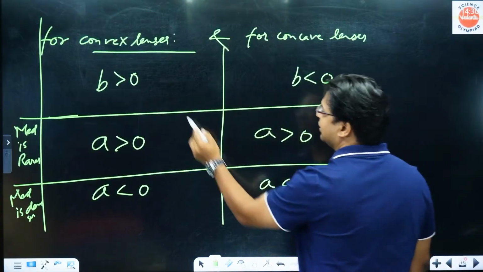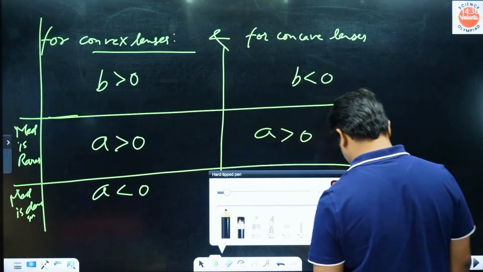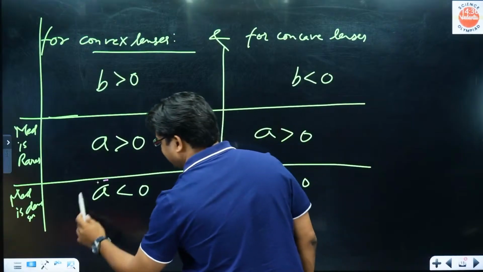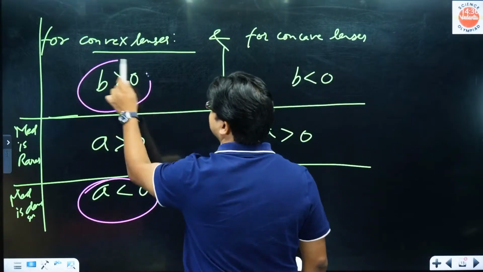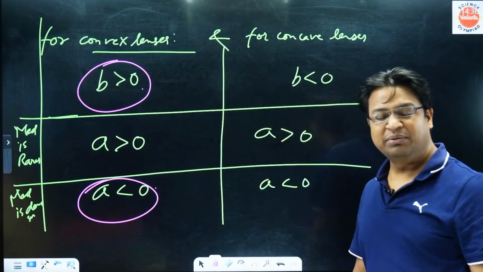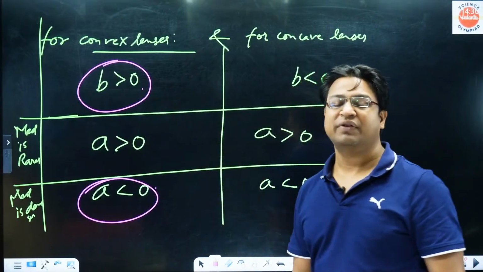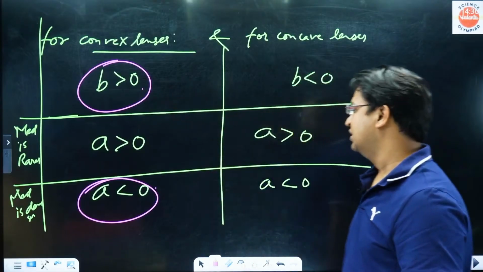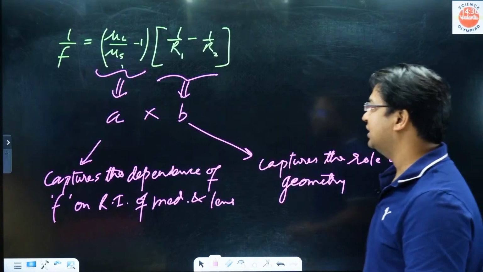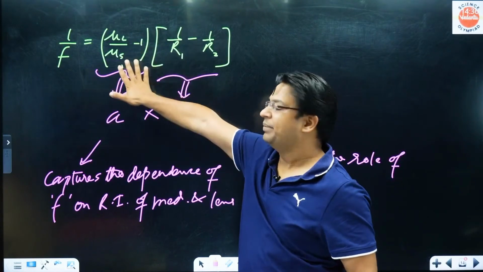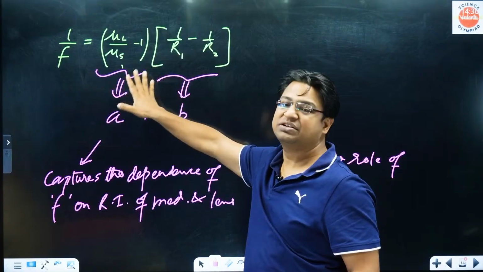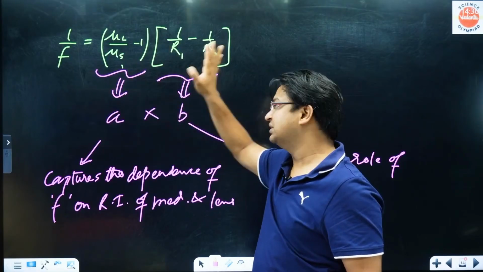So you see that if you are dealing with a situation where the medium is denser and the lens is convex, the product will become negative, turning the convex lens into a diverging lens. All right, so we have to understand that this formula has two terms. One depends on the refractive indices of lens and surrounding. The other depends on geometry.